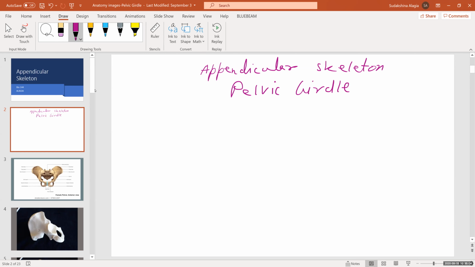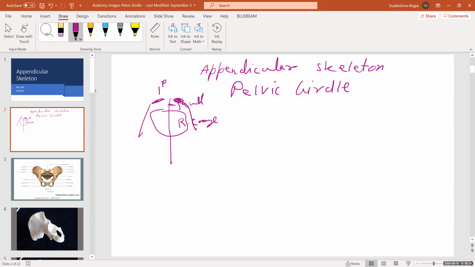So we went over, again, a quick review. Axial skeleton is along the axis of the body: skull, rib cage, hyoid bone. Appendicular skeleton are the bony structures that attach the extremities to the axial skeleton.